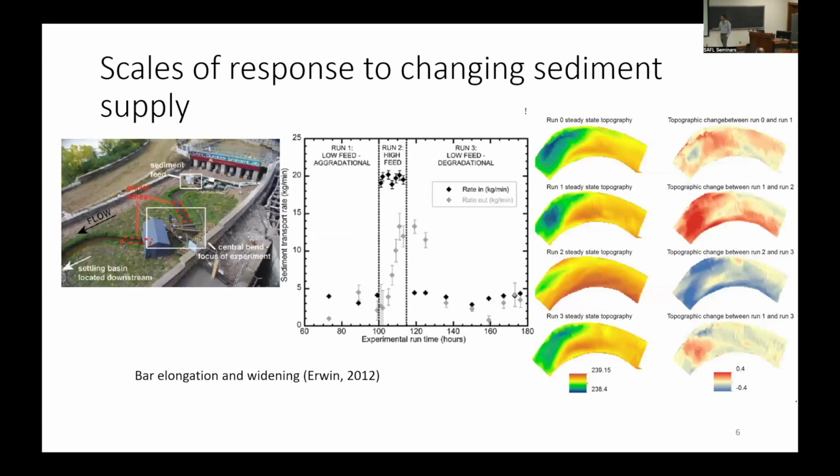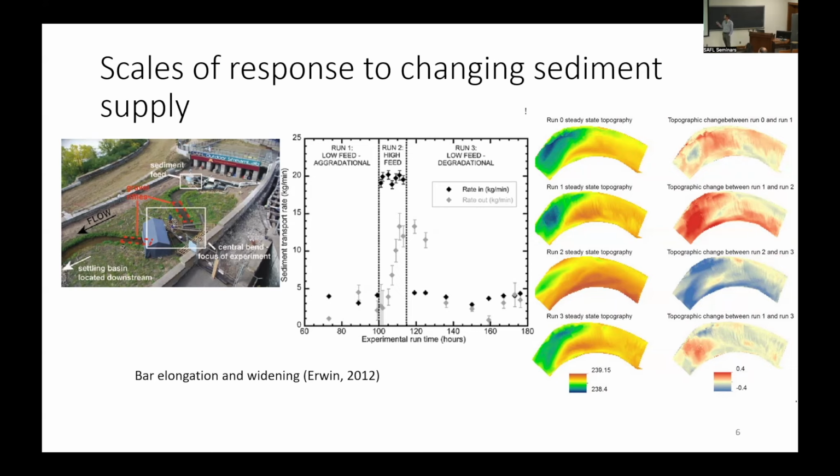This might look familiar. This is Susanna Irwin's work that she did at the Outdoor Stream Lab, looking at how a bar in a bend changes its morphology in response to an increase in sediment supply. So it started with a low feed degradational case, increased the sediment supply significantly, and then brought it back down to a degradational case.